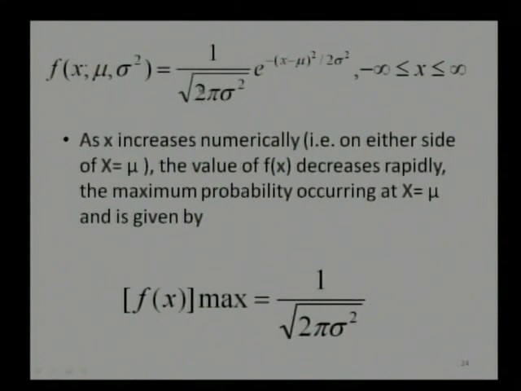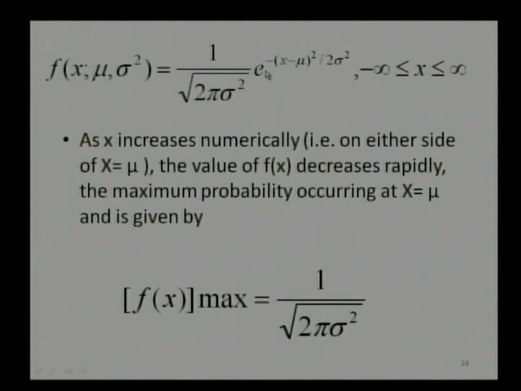Okay, next, remember this PDF because we are going to use it. In this PDF the power of the exponent has a negative sign, right? So if we want to maximize this function of x, we have to maximize the total exponent part, and the power of the exponent will be maximized at 0 because there is a minus sign.